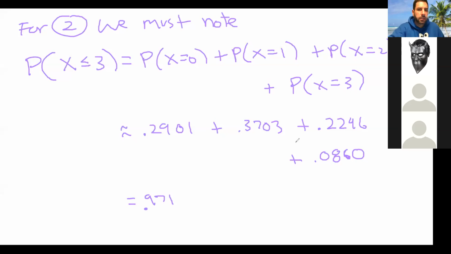Do you guys see the whiteboard now? Yep. All right, cool. For the last one, we want at least 3. So for 3, we can use a shortcut.